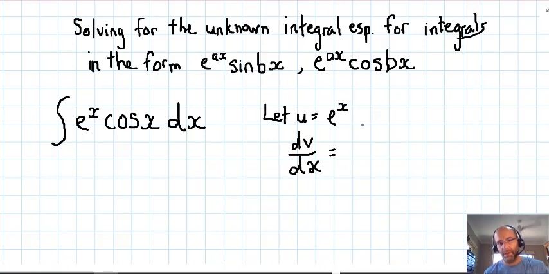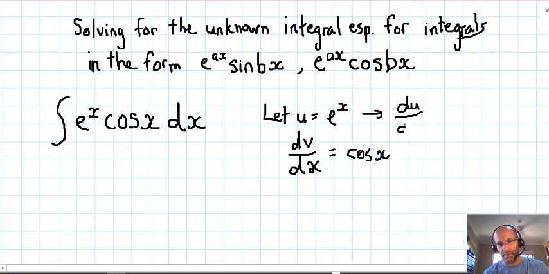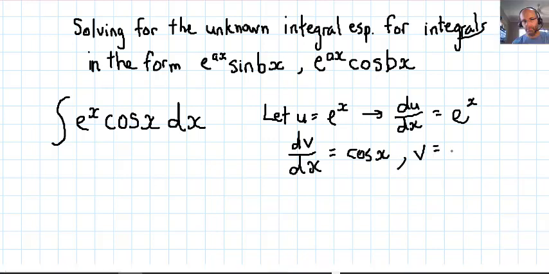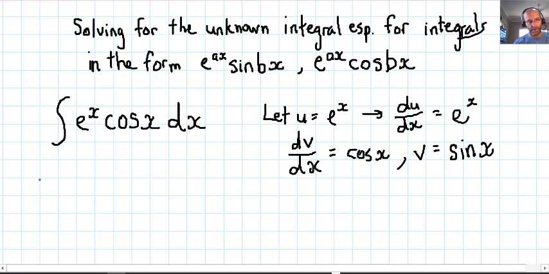Let u equal e to the x, and let dv dx equal cos x. And so from that we would have du dx still equals e to the x. We would have v equal to sine x, and so we'd proceed. I'm going to write it out in full.